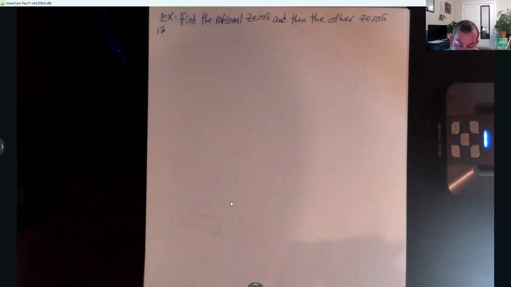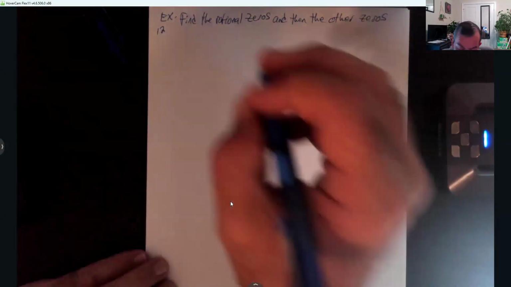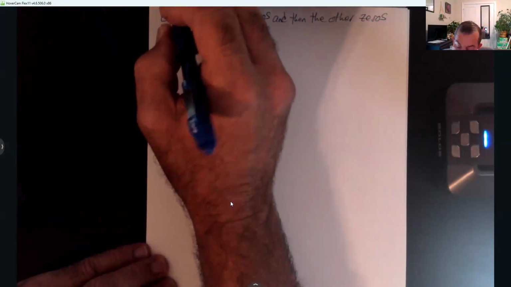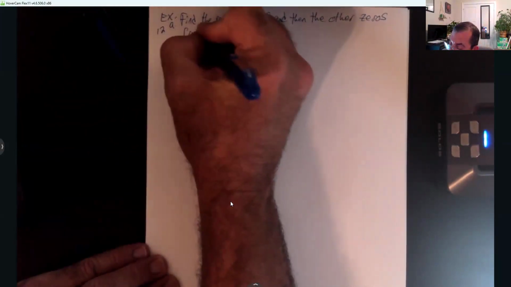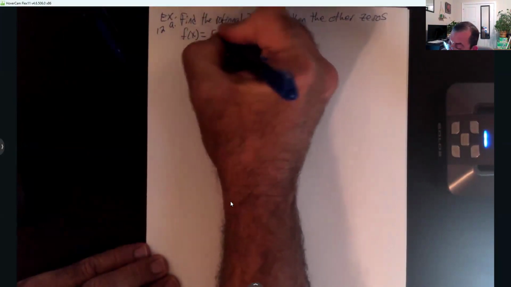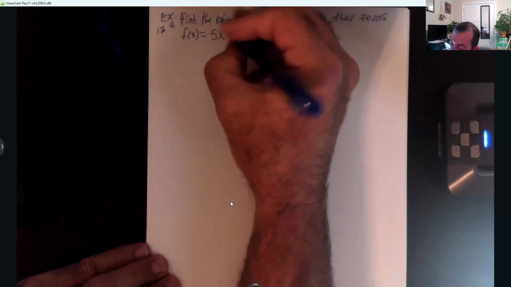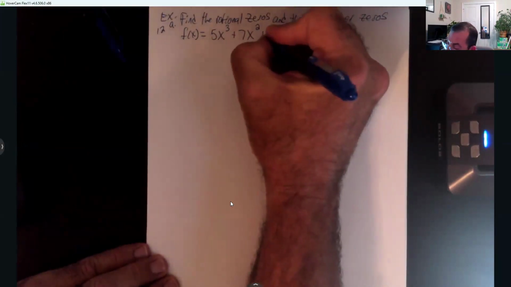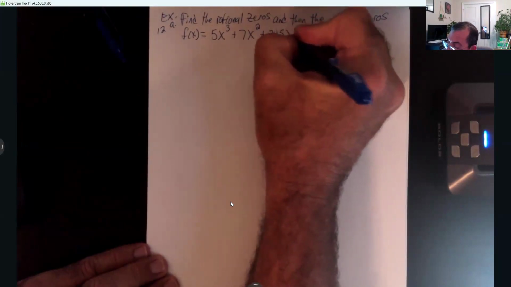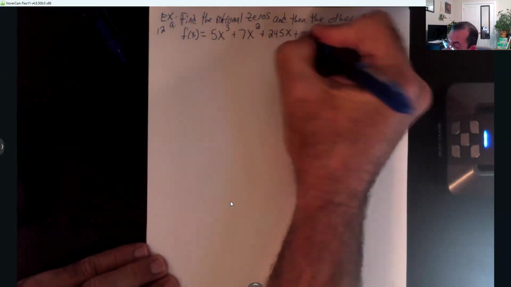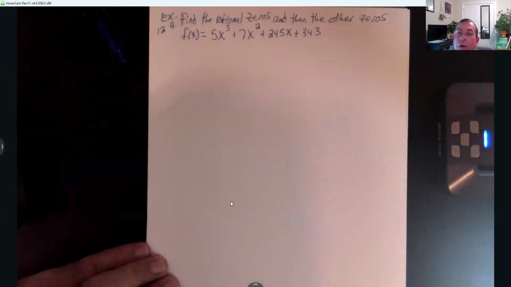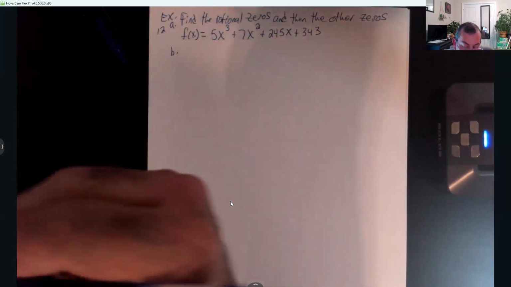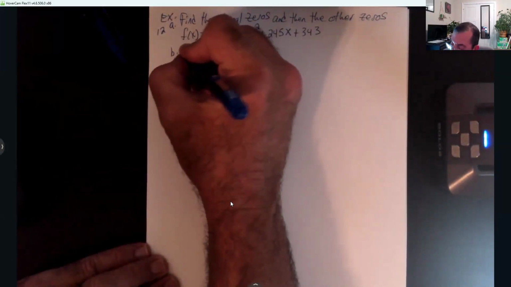And that'd be A, remember A. So they're giving us f of x equals 5x to the third plus 7x squared plus 245x plus 343. And then B, factoring the linear factors.